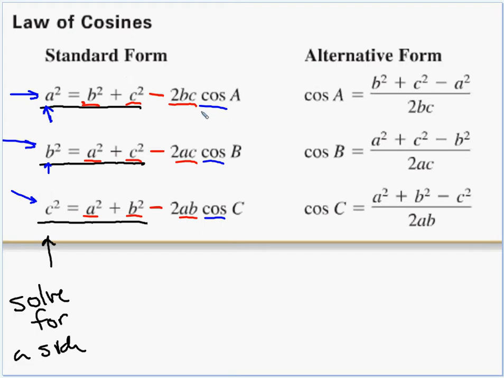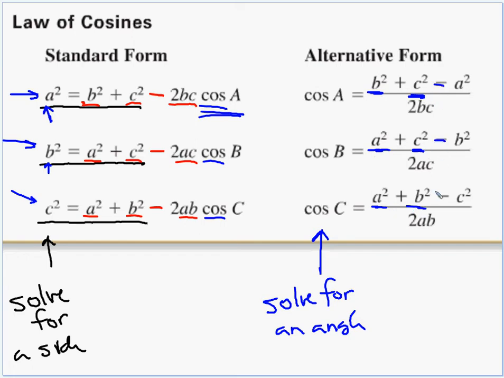Now, if we solve this and get this cos of A by itself, move these things to the other side, divide through, we get this alternate form. We use these when we want to solve for an angle. So the numerator in each of them is the 2 sides squared and added together, and then we subtract that last side quantity squared.